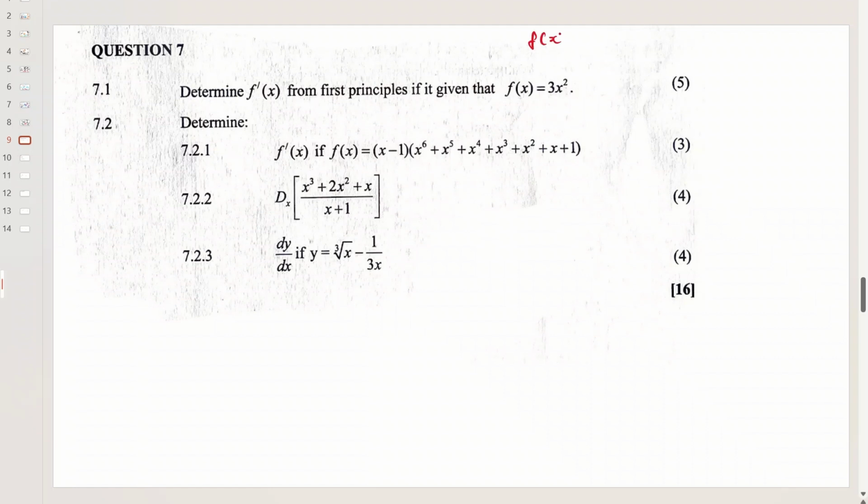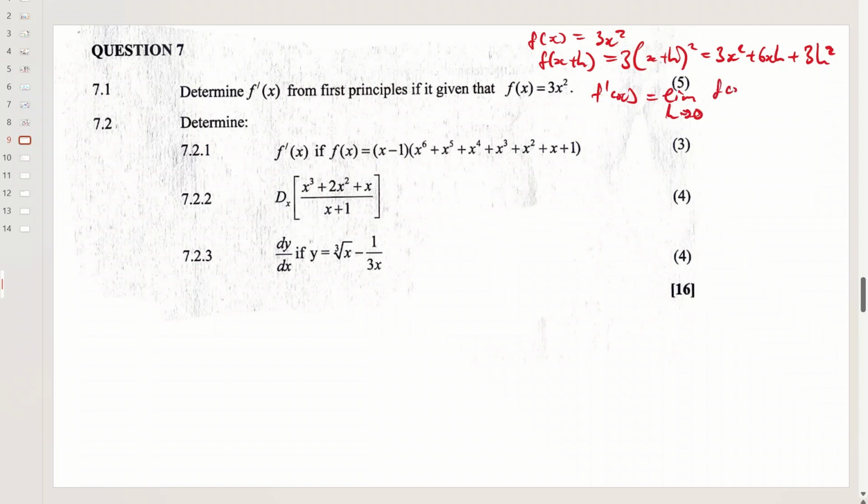So evaluate your function at the original value x, then evaluate your function at x plus h. So this is the same as 3x squared plus 6xh. When we do it on my own, guys, this is going to be different, because I don't like wasting time.